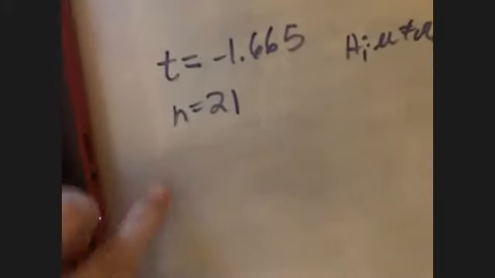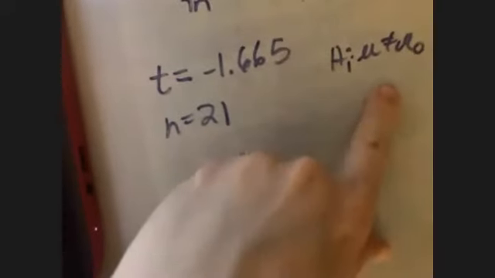Okay, and we're doing, all right, so let me show you the setup for this. Okay, they're telling me that T is negative 1.665, N is 21, and we're doing a not equals to, so this is a two-tailed test, okay?